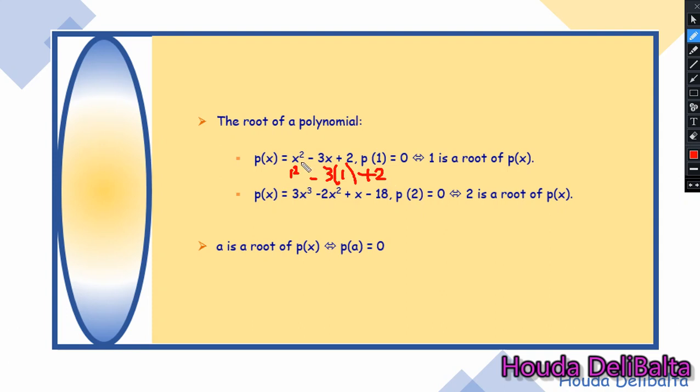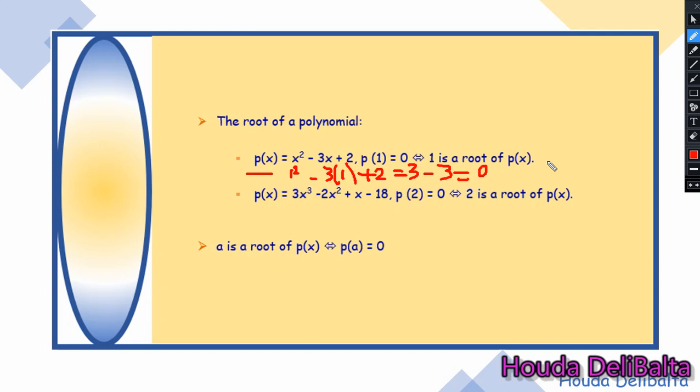So I'm replacing each x by 1, because here I have p of x, the variable is x, and here I have p of 1, as if I replace x by 1. So I'm just evaluating to get a 0. Why? Because 1 squared is 1, plus 2 it is 3, and 3 minus 3 is exactly 0. And because I get 0, I say that 1 is a root of p of x.